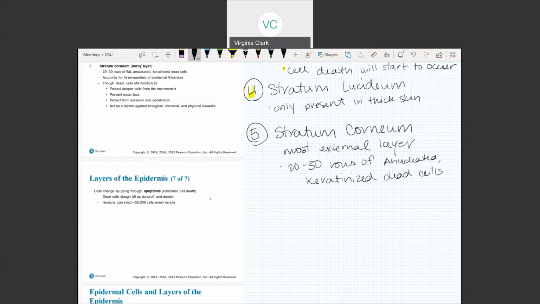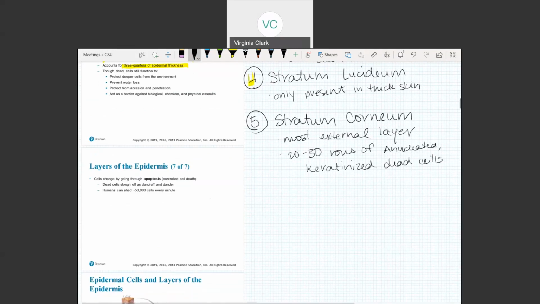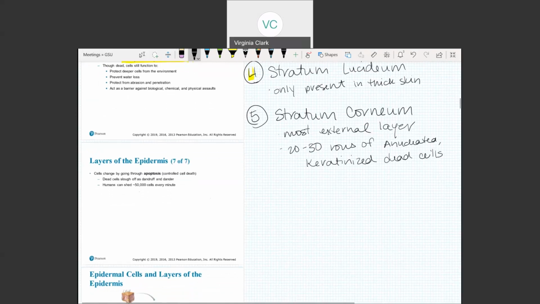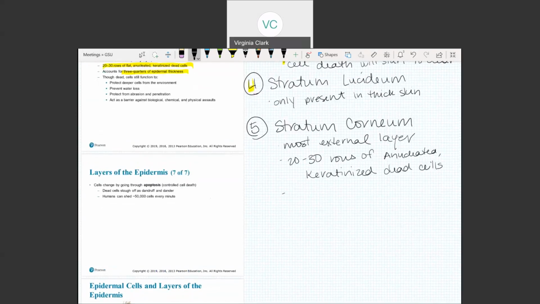So this stratum corneum is going to be made up of a lot of these anucleated keratinized dead skin cells. So much so that this accounts for about 3/4 of the epidermal thickness. So this is the majority of your epidermis. While it is interesting that these are keratinized dead skin cells, this is also really important because there are a couple of functions for why we need this type of a dead cell, but also keratinized type of cell.